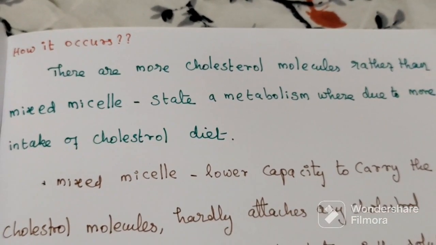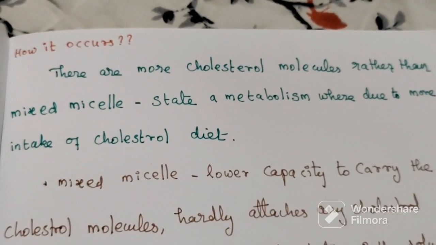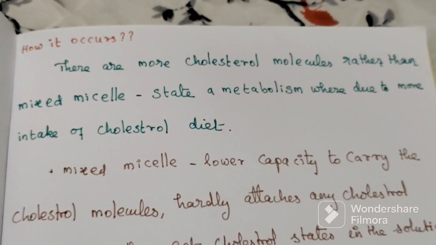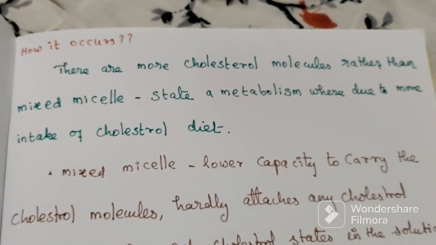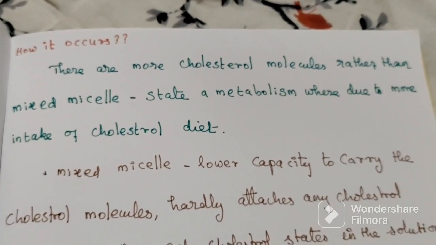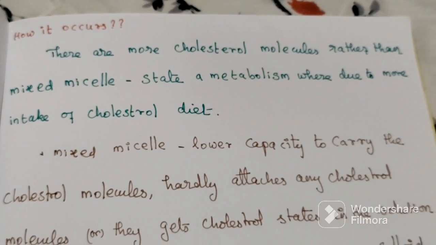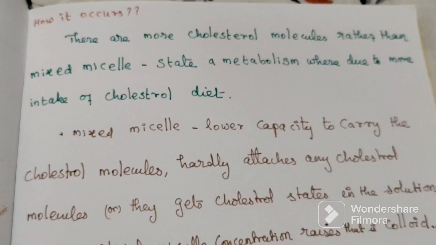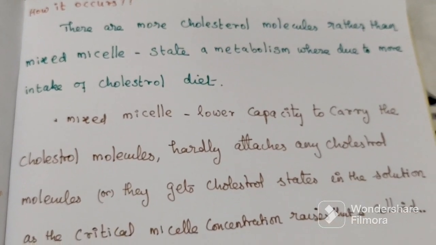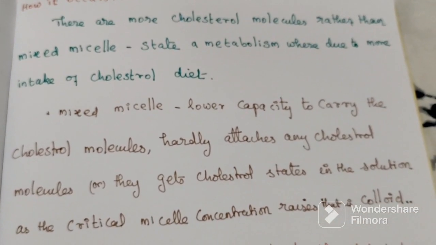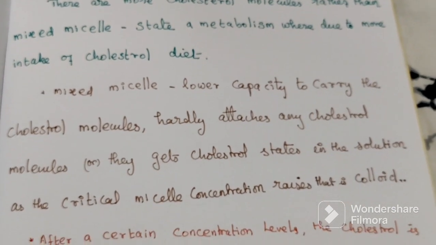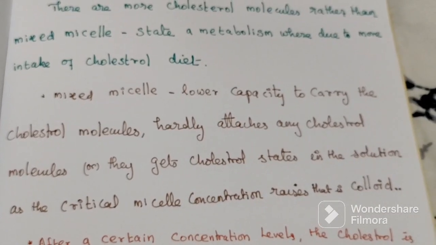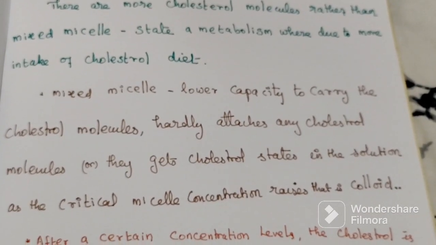This is a state of metabolism where, due to more intake of cholesterol in the diet, the cholesterol gets precipitated. The mixed micelle has a lower capacity to carry cholesterol molecules, so they hardly attach any cholesterol molecules, or the cholesterol stays in the solution as the critical micellar concentration rises.